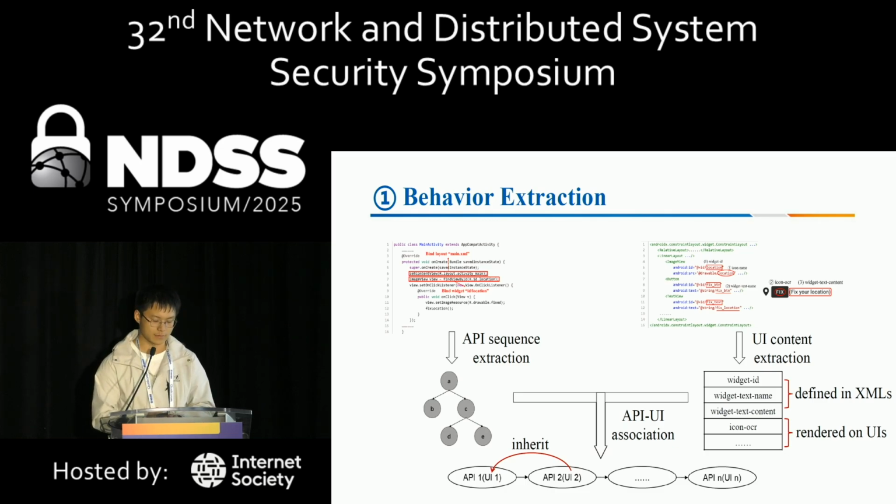For the UI content, we not only focus on the content defined in the layout files, but also consider the text and the icons rendered on the UI. These elements are directly presented to users and more accurately reflect the information received by users.